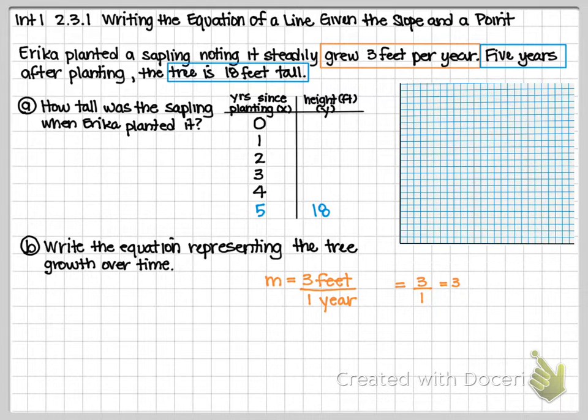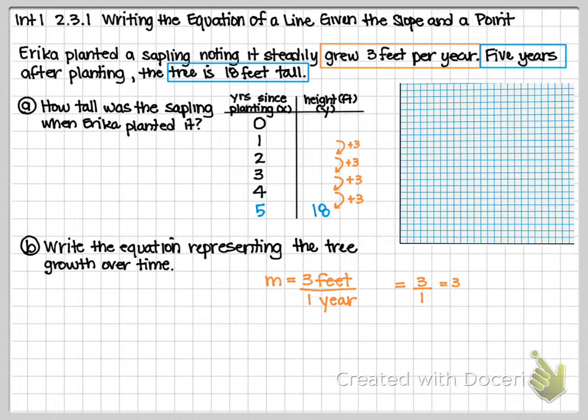That's what I have identified in my table in blue. I can use my slope. If I was told that it was steadily going to grow by 3, then that means every year this tree's height has increased by 3. So that's the slope information that I've been given.